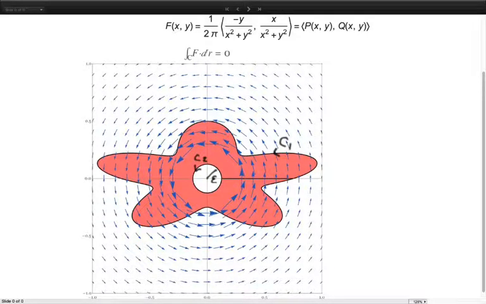Now what Green's theorem says is that the integral along the boundary curve, going counterclockwise on the outside, so that's the integral over C1 of f dot dr, plus the integral going clockwise on the inside, so that would be subtracting the integral over C2 as I've labeled it here.